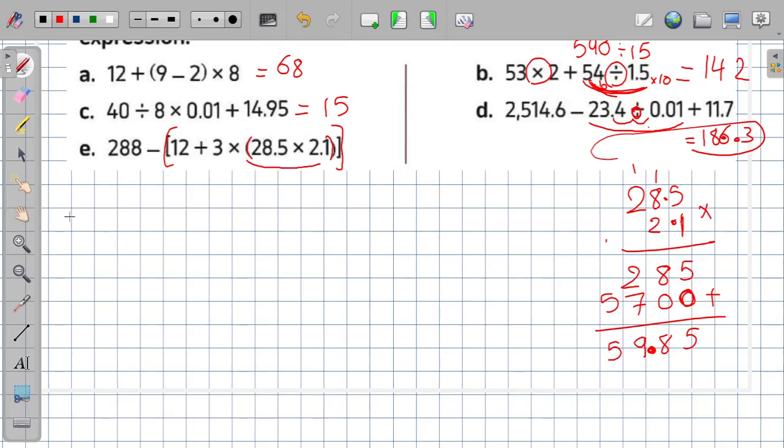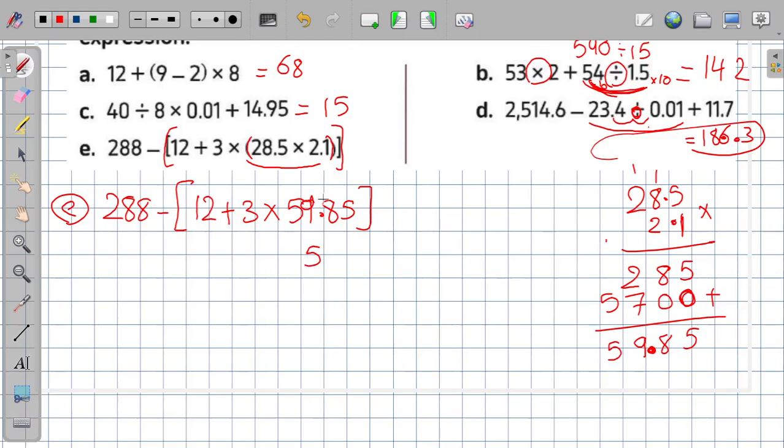So I have now 288 minus, and I have a big bracket, I have 12 plus 3 times 59.85. Okay, next inside the big bracket I have addition operation and multiplication operation. So I will do the multiplication first. So I have 3 times 5 equals 15.